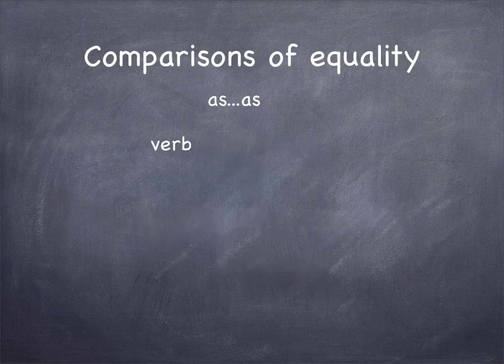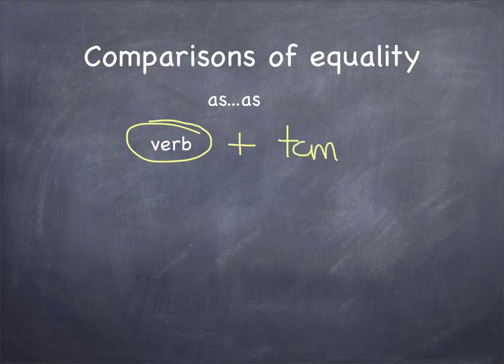So with a verb, it's a little bit different. When we have a verb, it's the reverse position. So first comes the verb and then comes the expression tanto como. So notice that when we have adjectives and adverbs, we use tan, but when we use nouns or verbs, we use tanto.